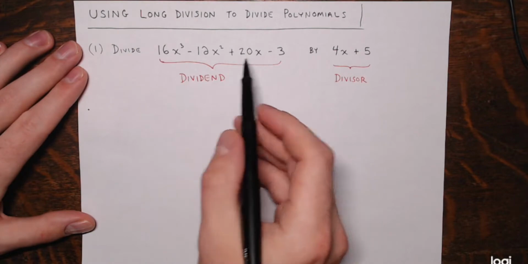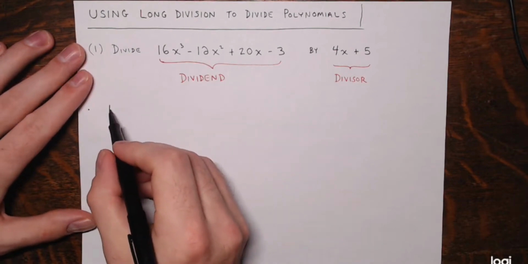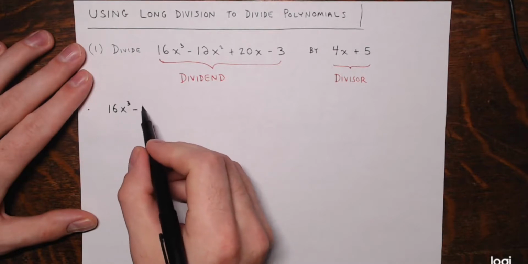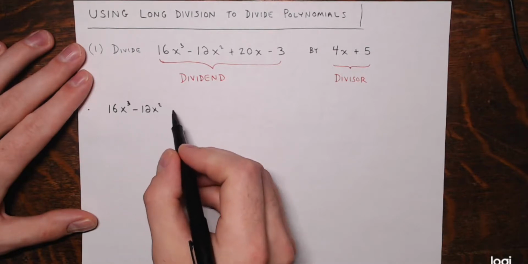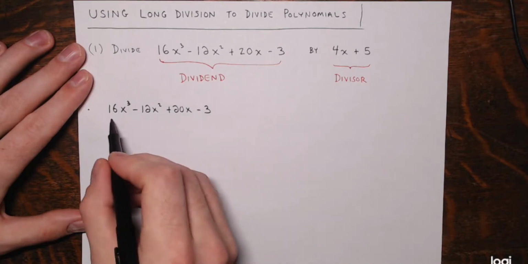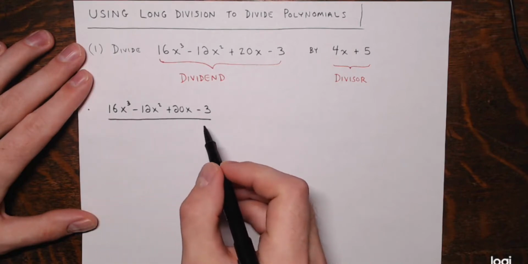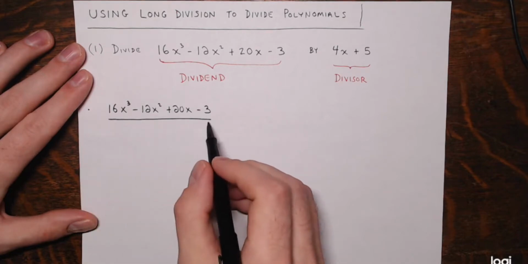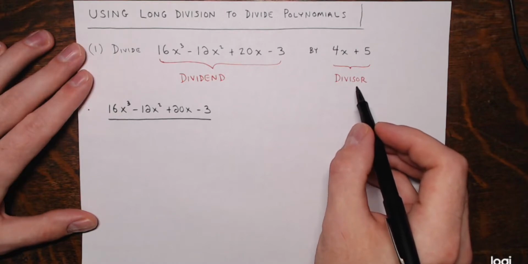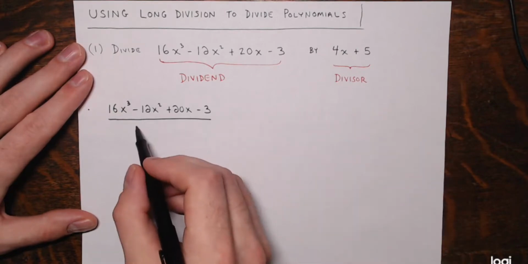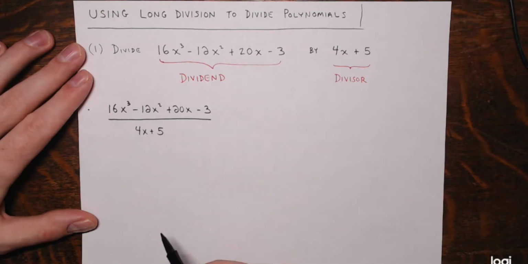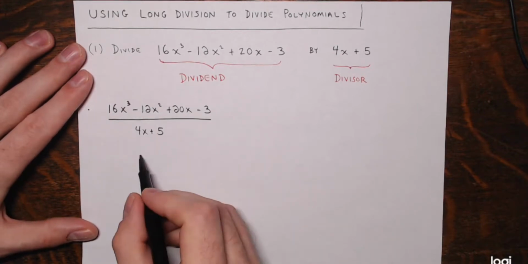The dividend is the numerator of that fraction, so we have 16x cubed minus 12x squared plus 20x minus 3 over a big fraction bar, and then the divisor would be the denominator, 4x plus 5.